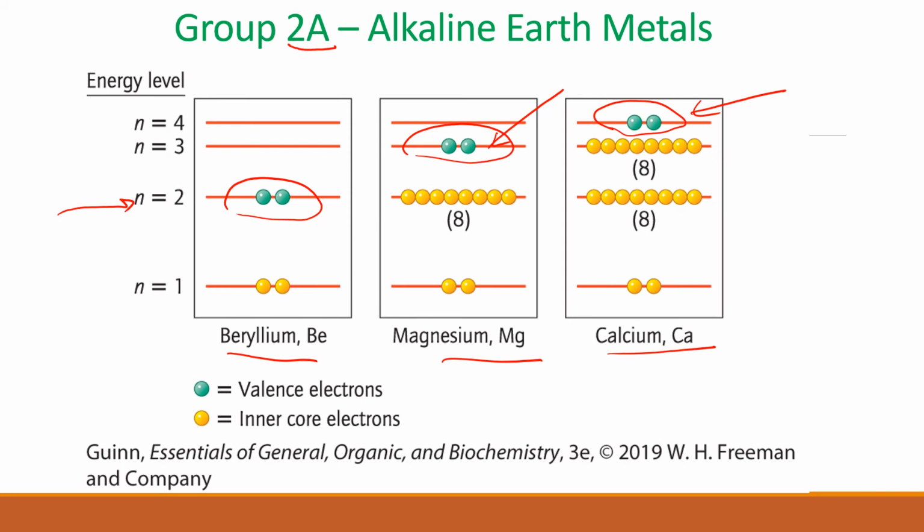One thing to remember is that this logic only works for the main group elements, which means the groups named 1A, 2A, 3A, and so on. This logic does not work for transition metals.